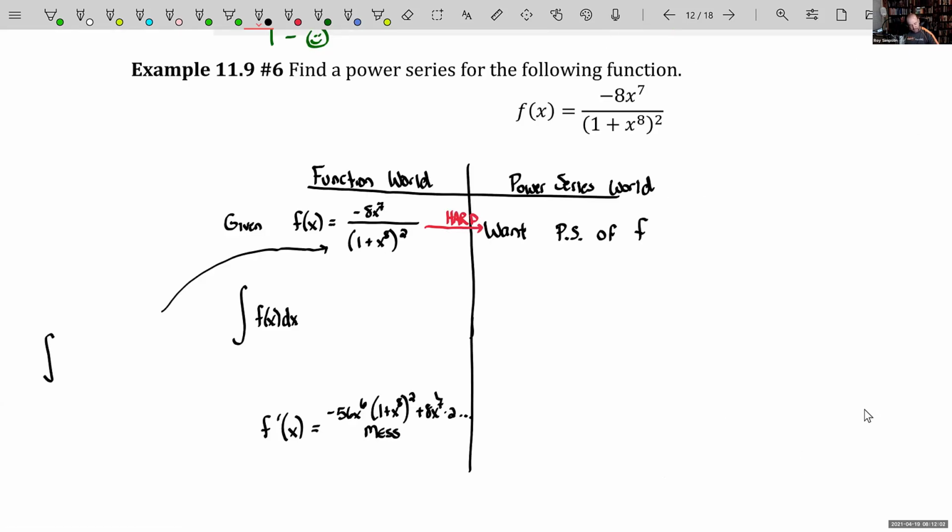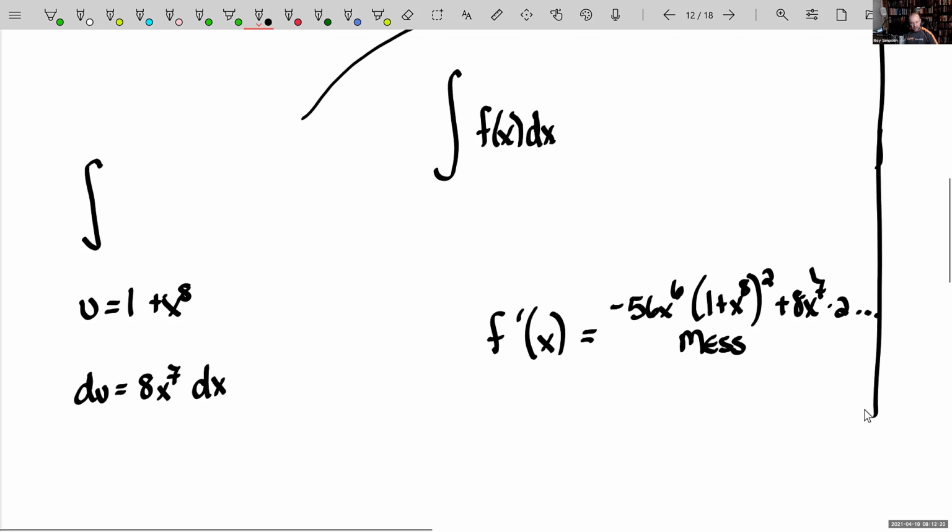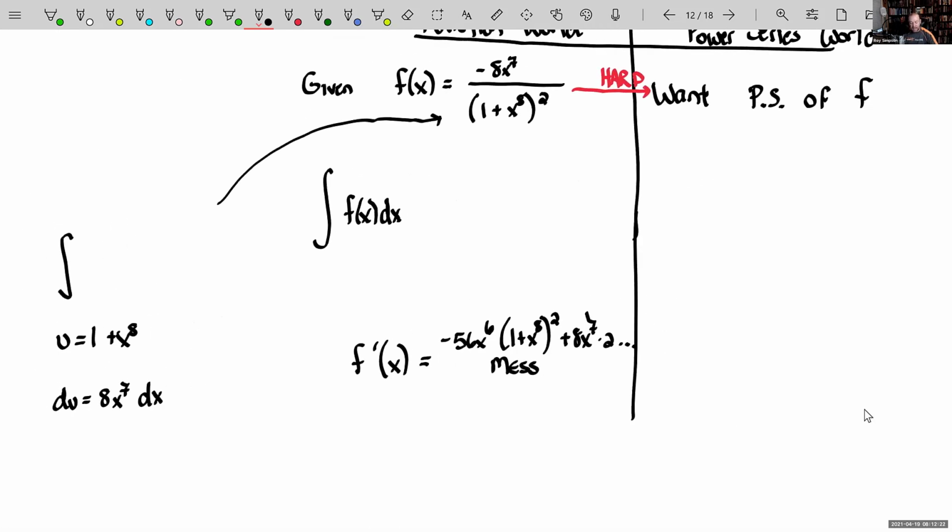I'm going to let u equal 1 plus x to the 8th so that du will steal an 8x to the 7th dx. Okay. So notice that I have an 8x to the 7th dx to steal away.